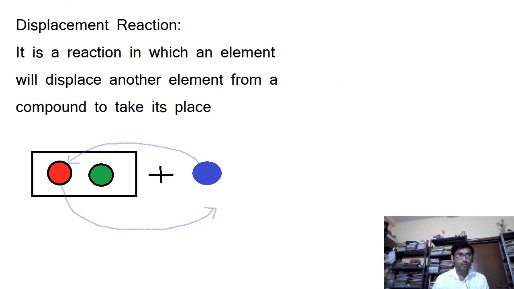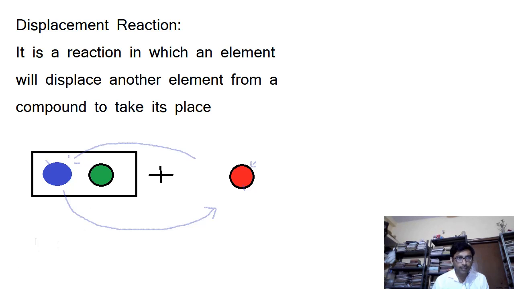Okay. So if we understand this in more details, it will be something like this. This one will come out from here and this one, it will fit into this place. So that is what is a displacement reaction.